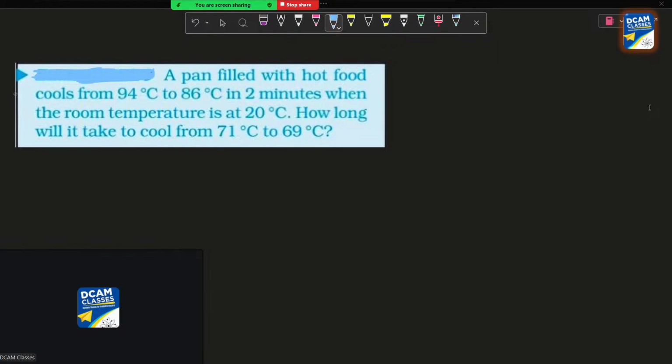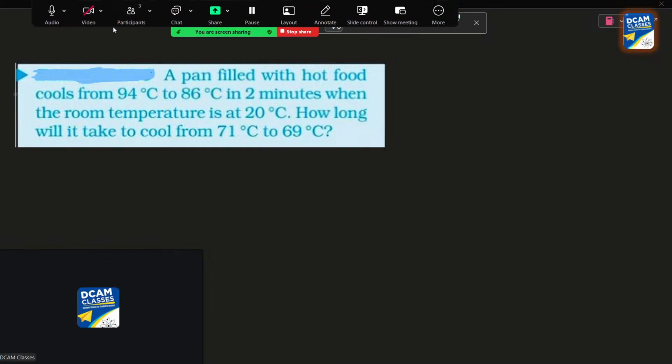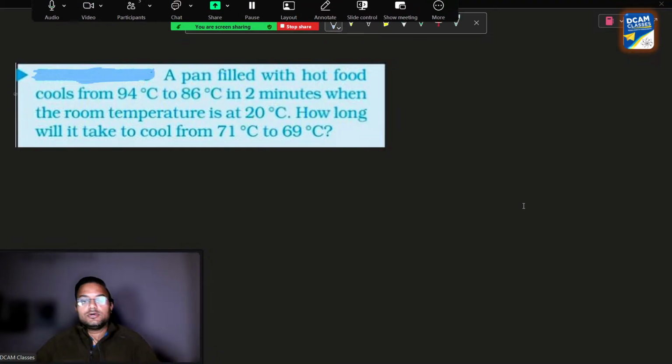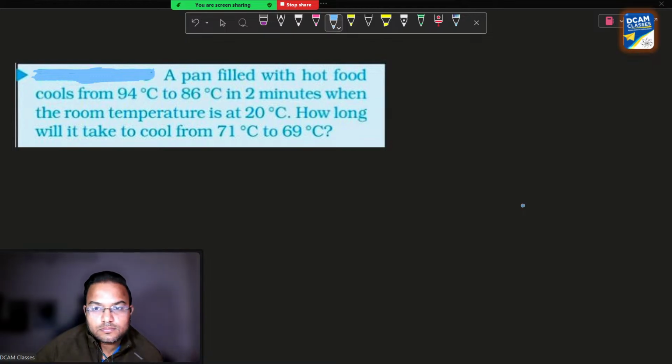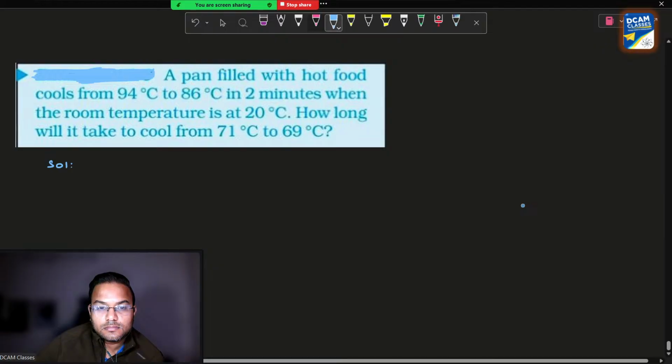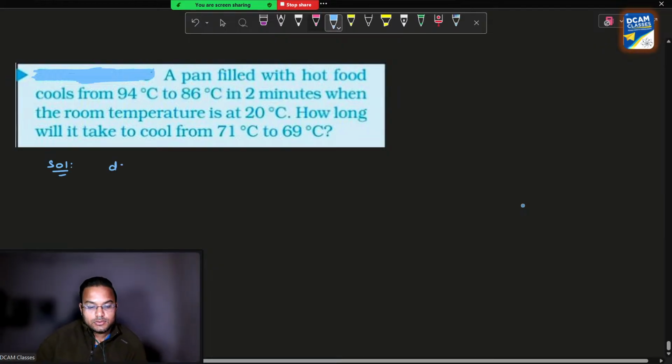Sir, 7/10 minutes. 7/10? No, they're saying it's 0.5. Sir, I got 0.7. They're saying it is 0.5. How did you solve? I took dq by dt is equal to k theta minus t. So d temperature by dt is equal to k into T minus T naught.